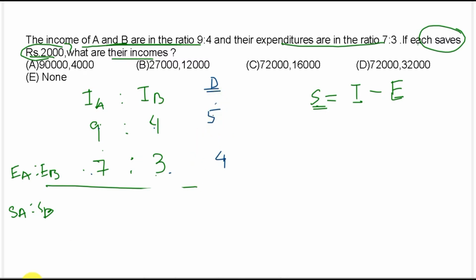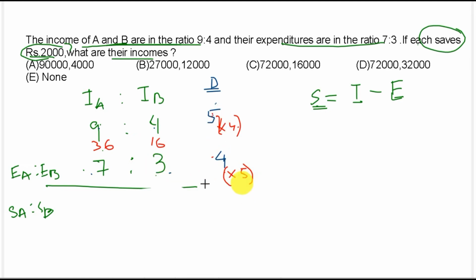How are we going to make it equal? 5 and 4 are equal at 20. So you multiply here by 4. 5 into 4 is 20, so this will be 16, and this will be 36. Similarly on this 4 you multiply by 5, so that the differences become equal.